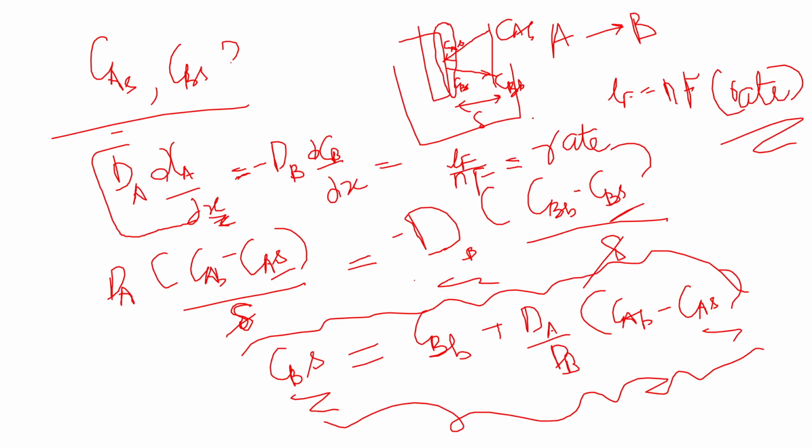At this point, the rate will be equal to the flux of the material. So I'm taking dA into dou CA by dou x at x equal to 0 and equating it with the rate at that electrolyte interface. Are you able to get that logic? At the electrolyte interface, the flux is related to the rate of the reaction. So that is what we are going to equate now.